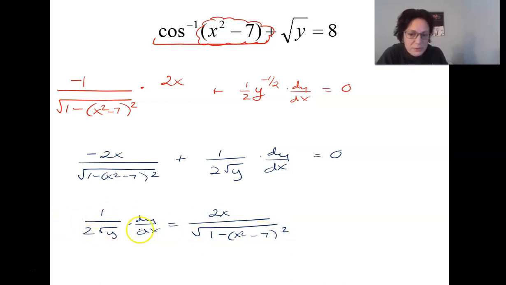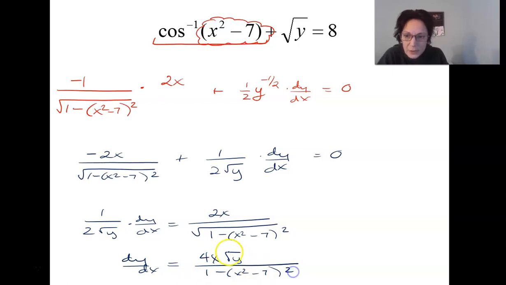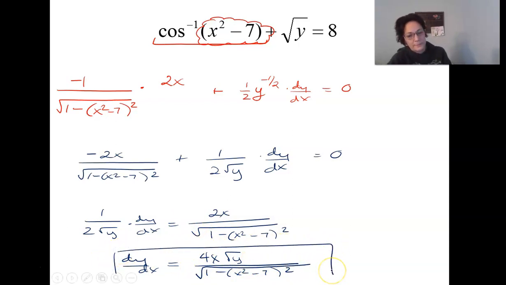And then all I have to do is multiply this to the other side. So I get dy dx equals, when I multiply this to the other side, it's going to pop into the numerator, right? So instead I'll have a 2, an x, and a root y. So I'll have a 4x squared root y all over square root of 1 minus x squared minus 7 squared. And there she is.